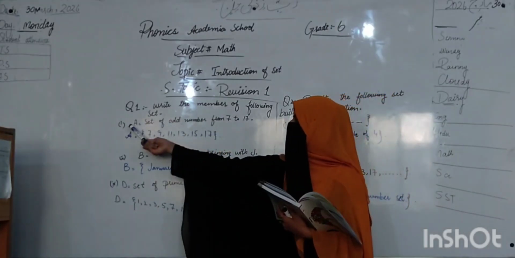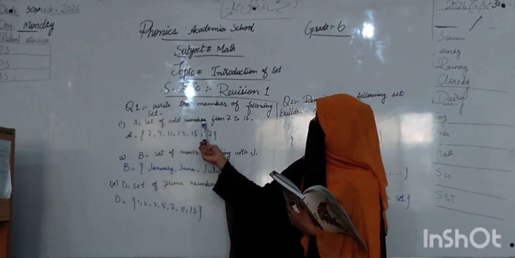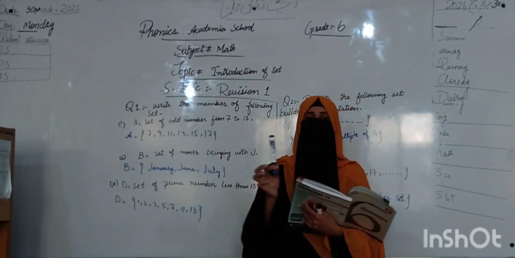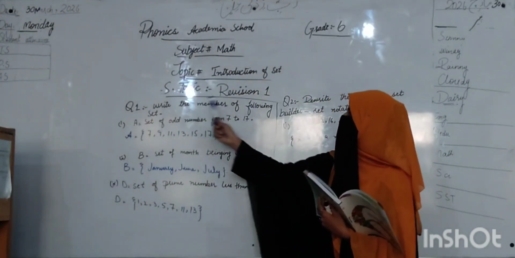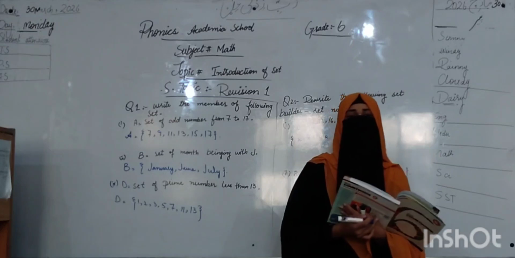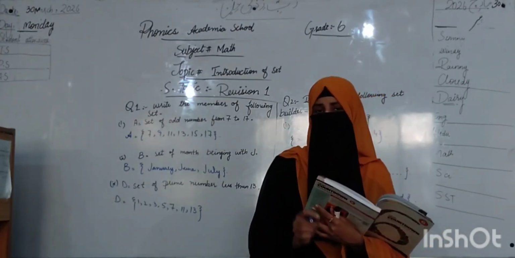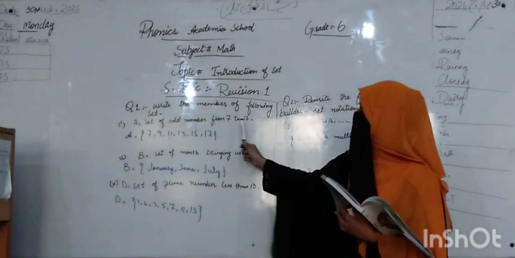The first question is A is equal to the set of all odd numbers from 7 to 17. They say to write the members of the following set. The statement is given as a set of all numbers from 7 to 17.